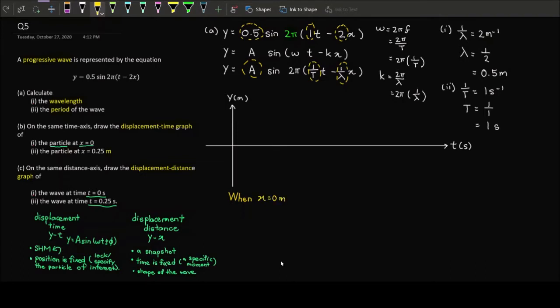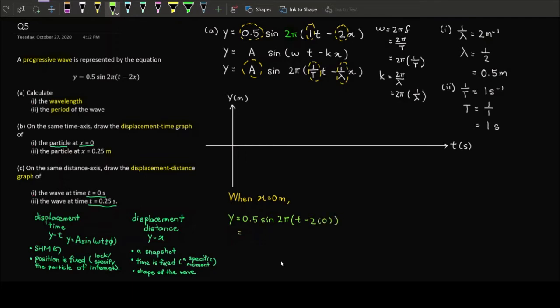When x equals to 0 meter, for your y, what you do is a bit of substitution. y equals 0.5 sine 2 pi (t minus 2x). Now for your x, you sub in 0.